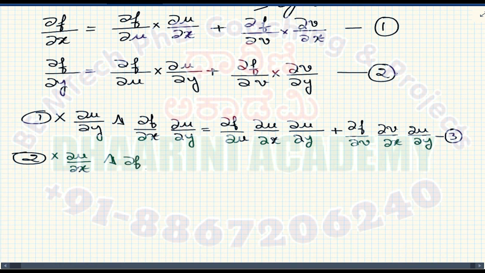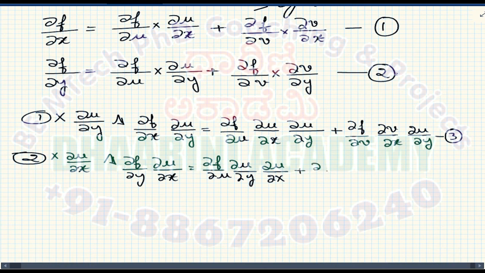This is ∂f/∂y into ∂u/∂x is equal to ∂f/∂u into ∂u/∂y into ∂u/∂x plus ∂f/∂v into ∂v/∂y into ∂u/∂x. So I will call this equation number 4.